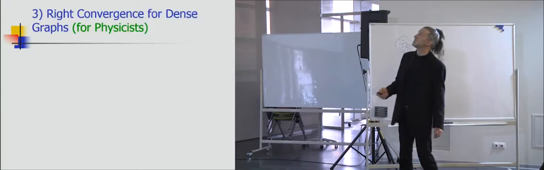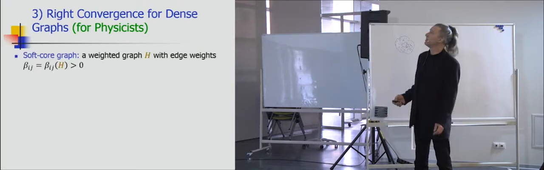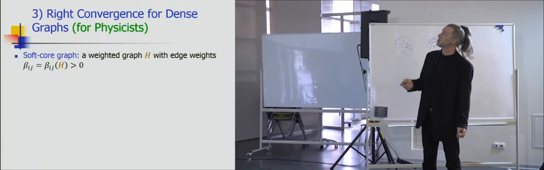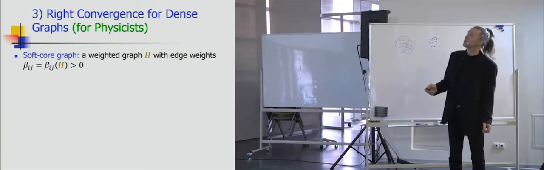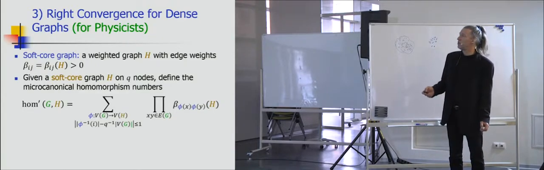So what do statistical physicists want to do, or actually machine learning people? Well, what we now look at is something called a soft-core graph. This is a graph which is weighted, and you have edge weights, some beta ij, which are positive. And now what do we do? We define a homomorphism.